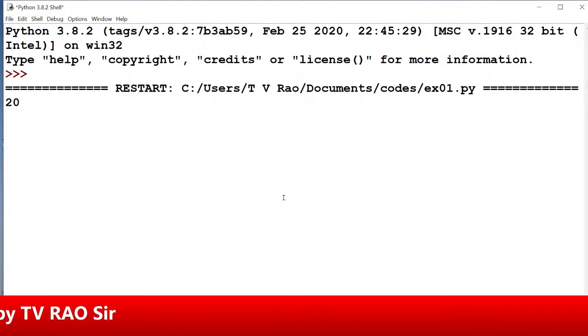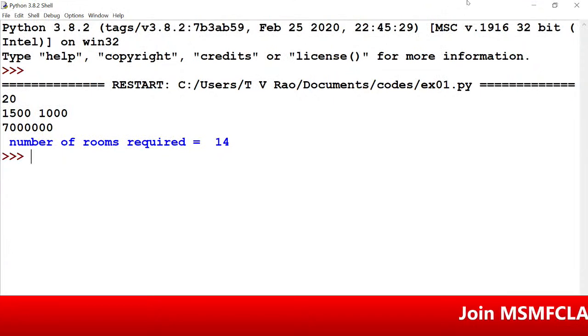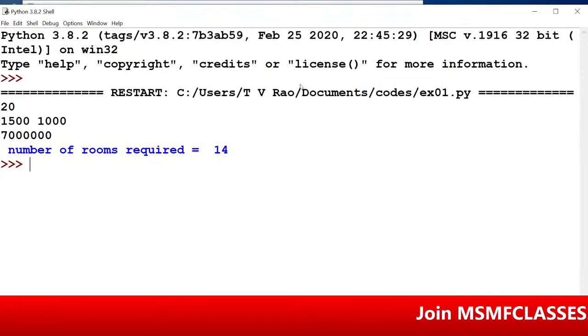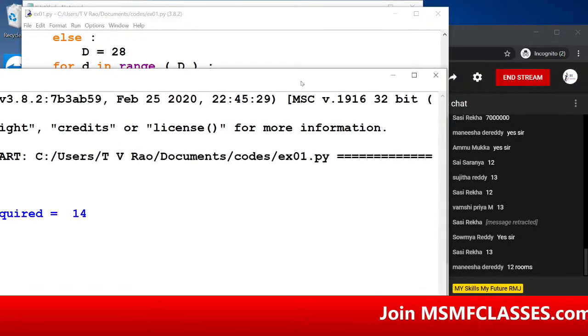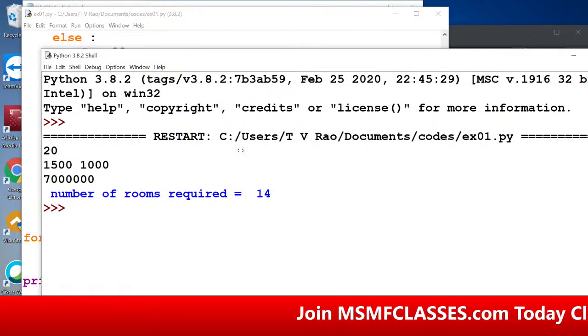Say 20 rooms, 1500, 1000, 700, 7,000, 70,000, 7 lakhs. Say number of rooms required are 14.